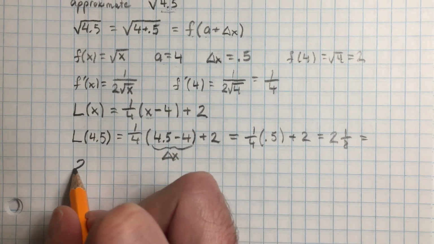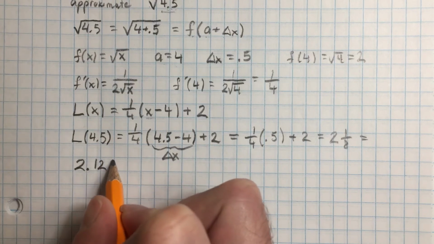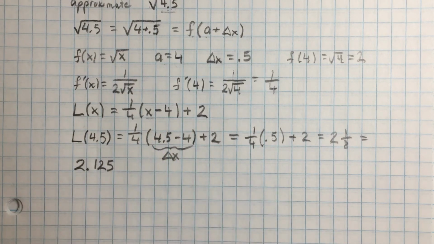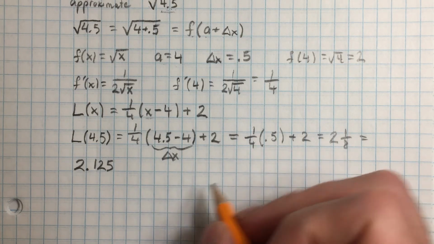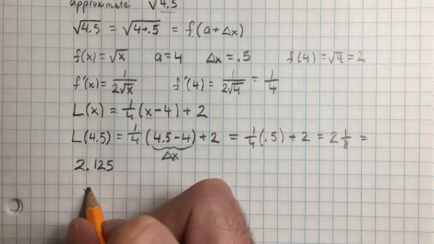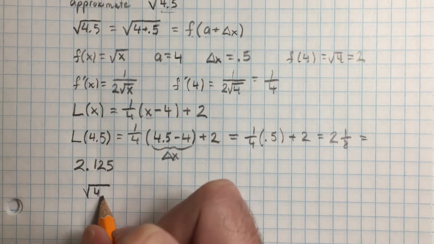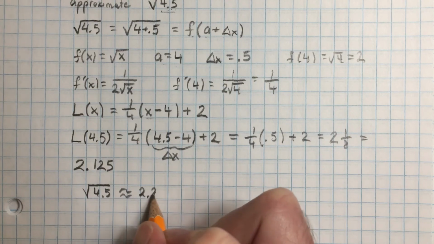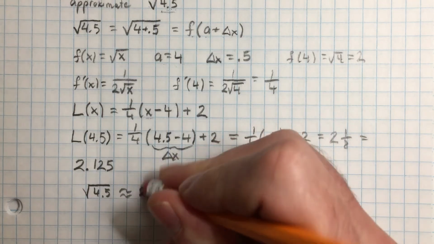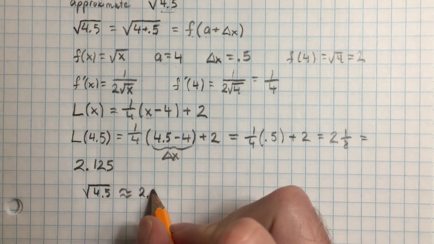So here's our approximation to the root of 4.5 using this particular technique. Okay? So the root of 4.5 is approximately 2.125 using this particular technique.